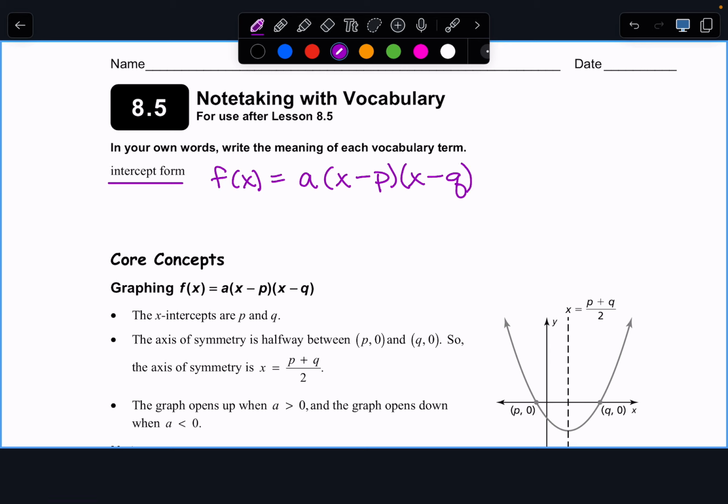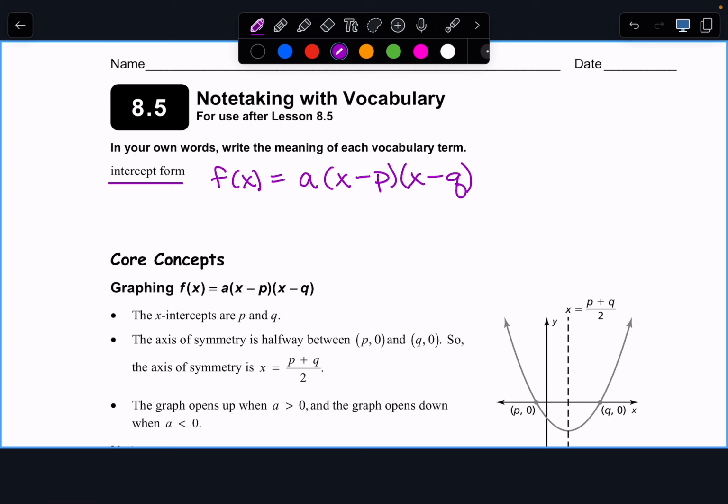Basically, we have a quadratic that's factored, like we did in that little warm-up. If we have a quadratic that is factored, we can figure out where our x-intercepts are, p and q.